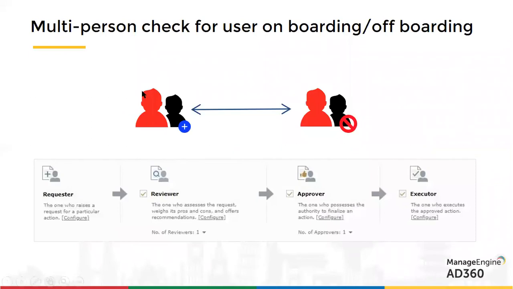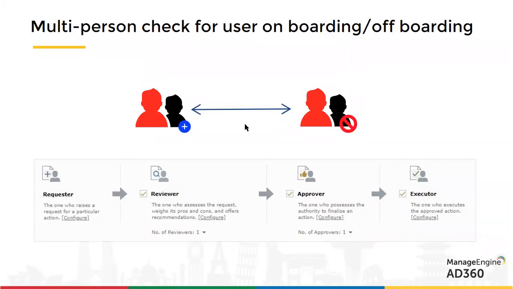You can have the onboarding and offboarding process go through multiple people as well. So for instance, when you onboard users across Active Directory or Office 365, you can let it go through multiple people. For example, the reviewer will review the user creation or the user deletion, the approver approves it, and finally the executor will execute the action. The executor basically has the final say in things.